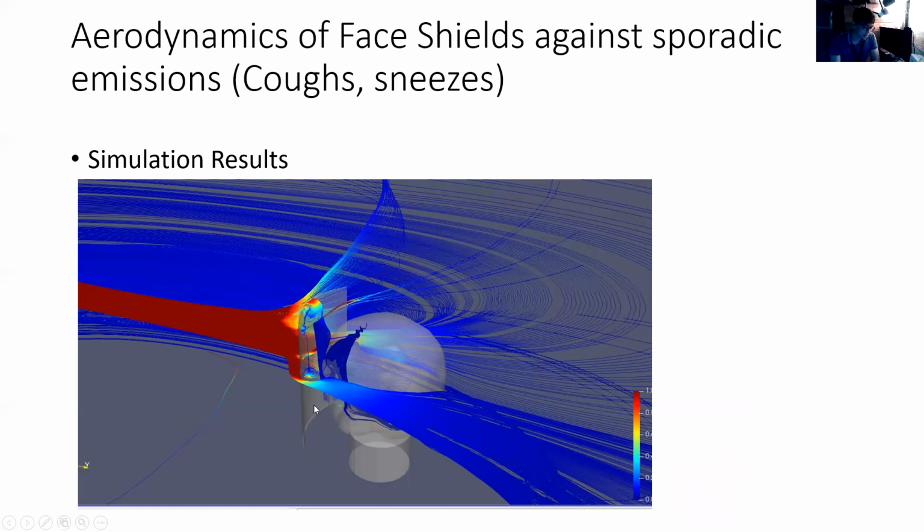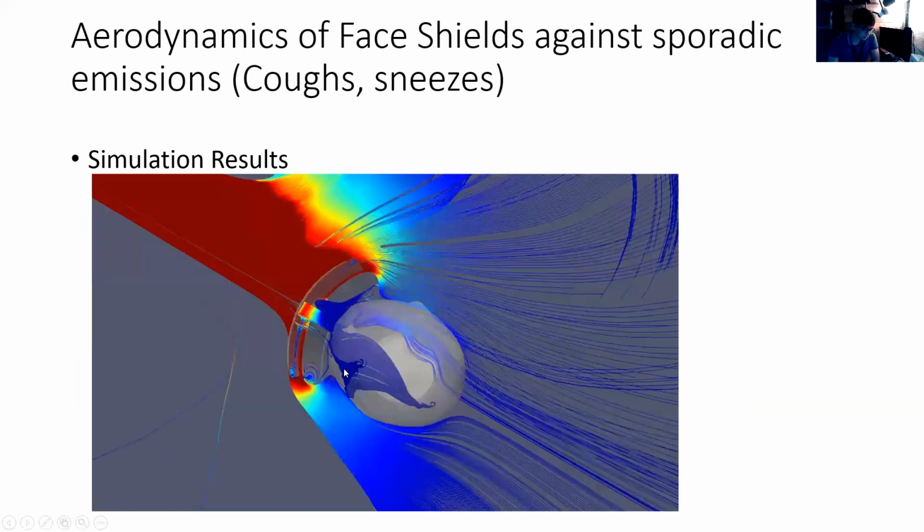In Akagi's research, since the user was facing upwards, the face shield is oriented at an inclined angle, so the vortex ring is observed at the bottom. This is the view from above. You can see the vortex here, this swirling portion.